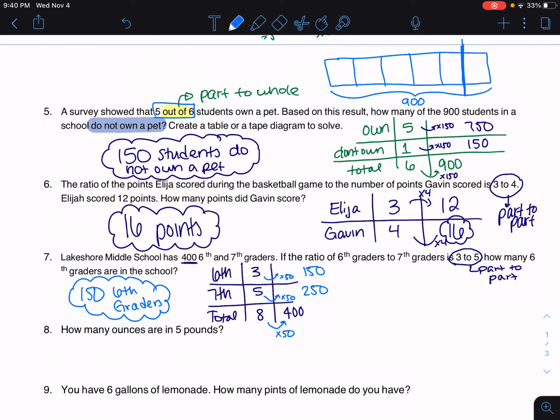And that means that there's going to be 150 students in each box, because 900 divided by 6 is 150. So just like we got here, 6 times 150 is 900. Same idea here. And then we want this side of the tape diagram because this side owns it and this side does not.